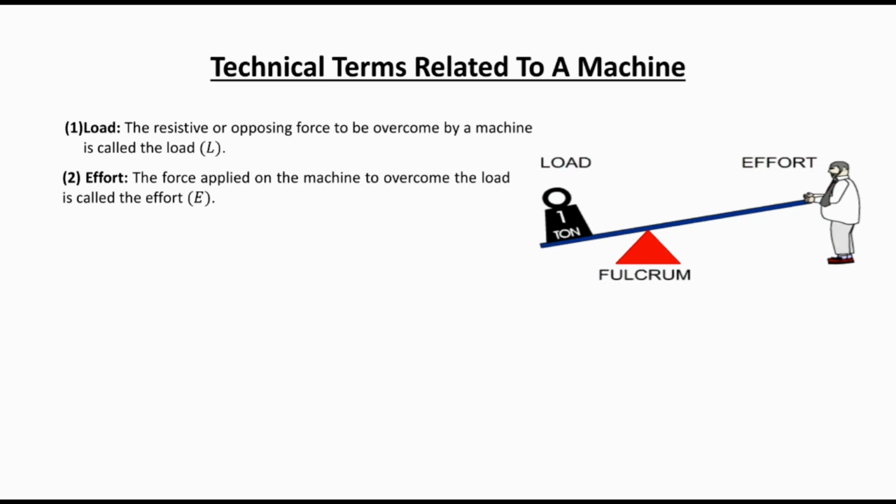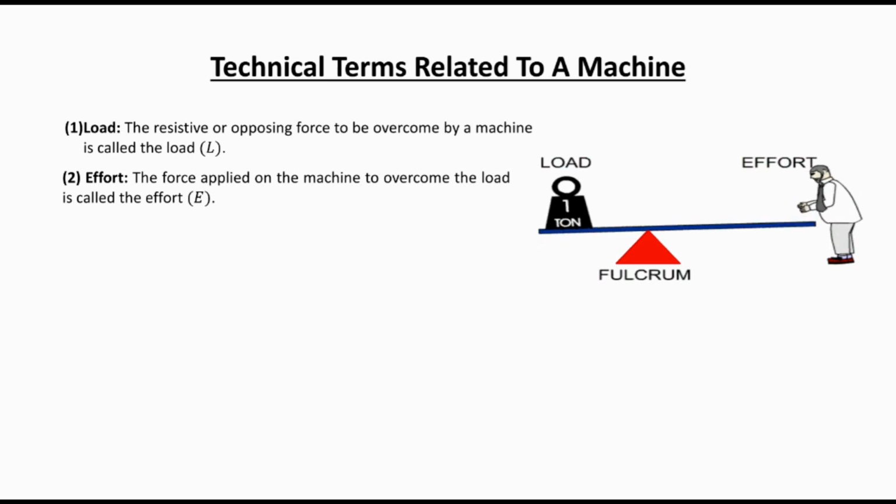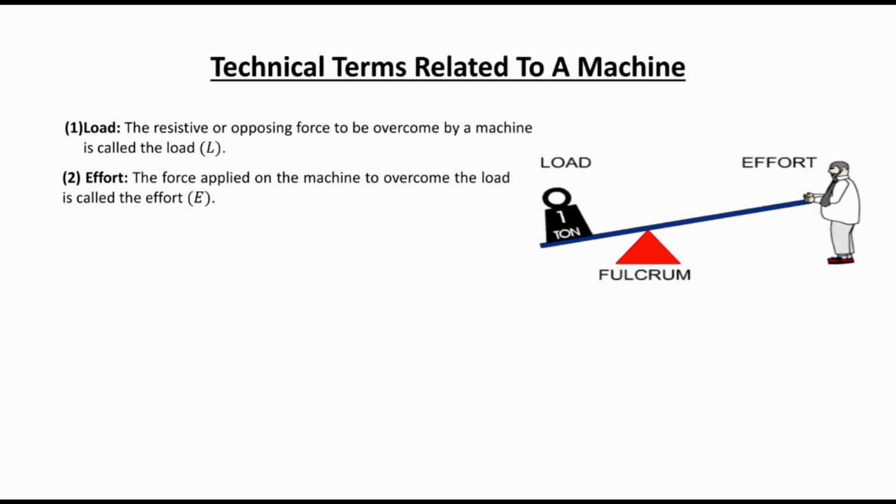Now in this GIF, the load is the 1 ton weight which is to be pulled or lifted by the man, and effort is the force applied by the man on the other side of the rod, or you can say the other side of the plank.